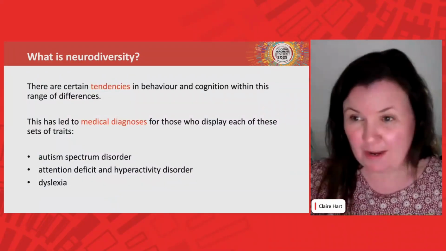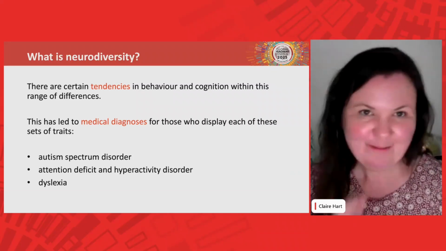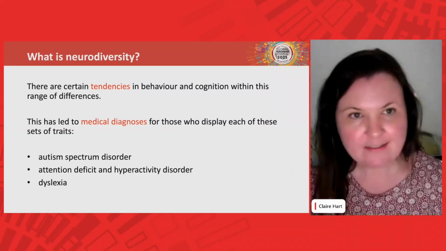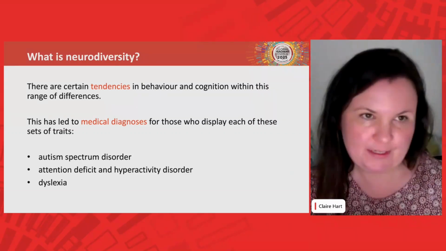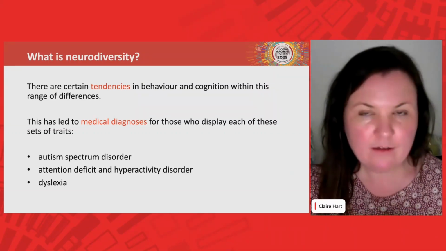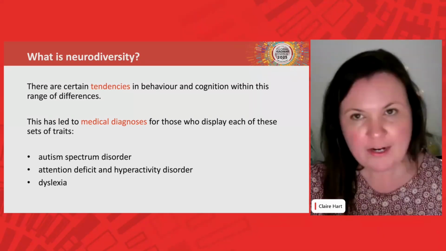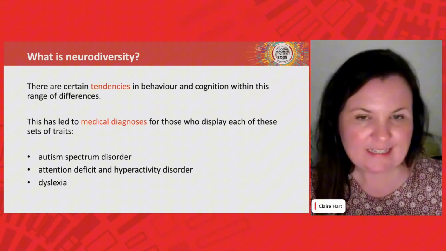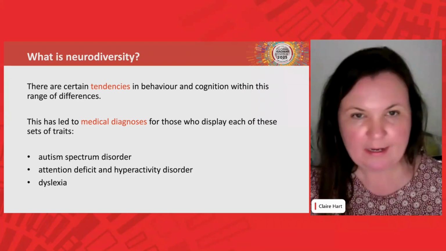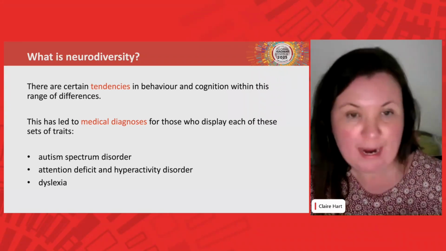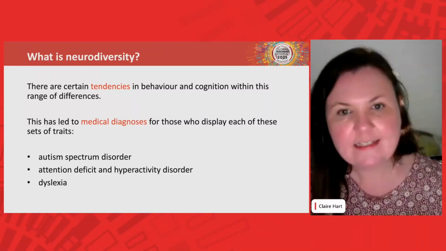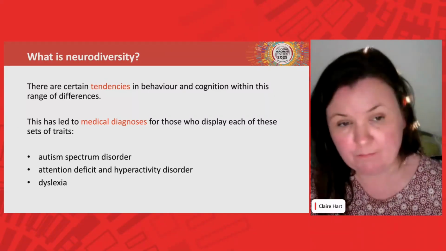Now, a little bit of science. It'll only be short, I promise. Within this range of differences that is neurodiversity, doctors, psychiatrists, psychologists have identified certain tendencies, kind of groups of characteristics. So there are certain tendencies in behavior and cognition.